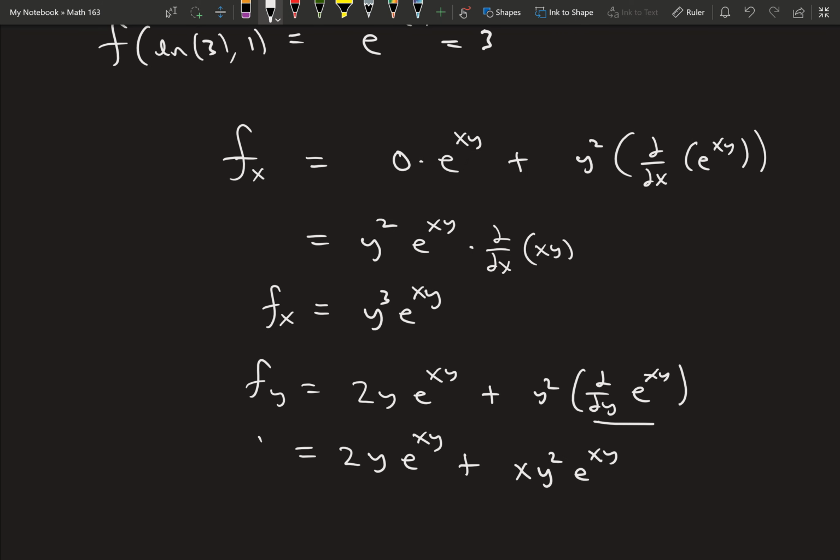So this is the derivative of f with respect to x and with respect to y.